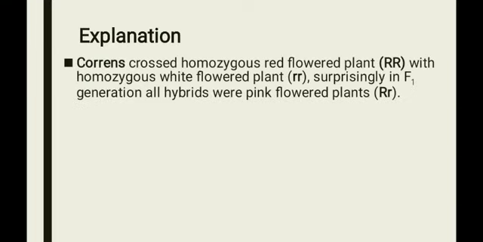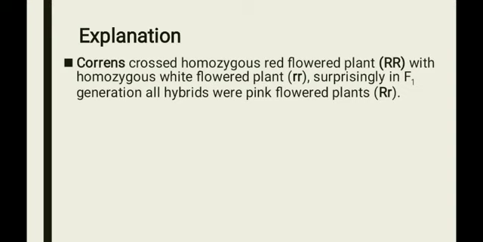Now, the explanation. Incomplete dominance was proposed by Karl Correns. Karl Correns crossed a homozygous red flowered plant, expressed by genotype RR, with a homozygous white flowered plant, expressed by genotype rr.